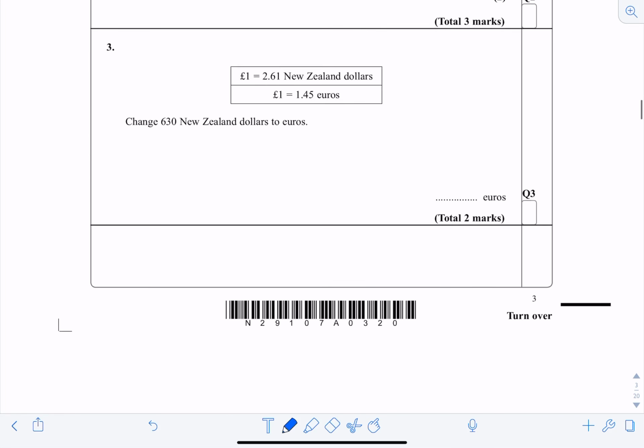Question 3. £1 is 2.61 New Zealand dollars, not anymore, and £1 is 1.45 euros. Convert 630 New Zealand dollars to euros. Okay, what do I want to do? Well, £1 is 2.61, so how many pounds have I got?